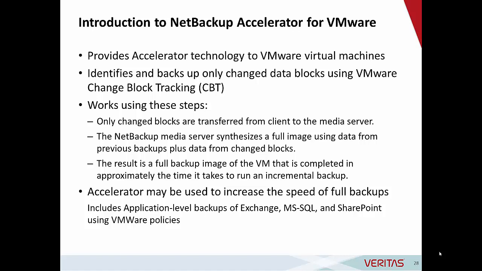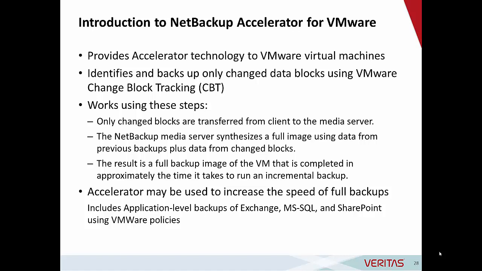And the idea is still the same. We're going to get a much faster backup by being able to quickly identify changes to the virtual machine and by making sure that changed data only is sent to the NetBackup media server and protected. Now, the mechanism is slightly different for VMware policies than it is for file systems.